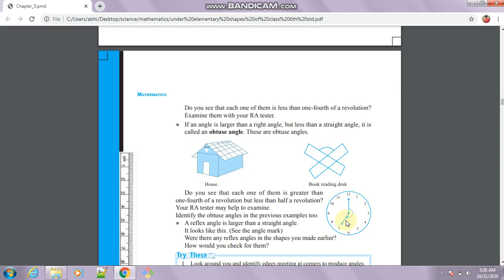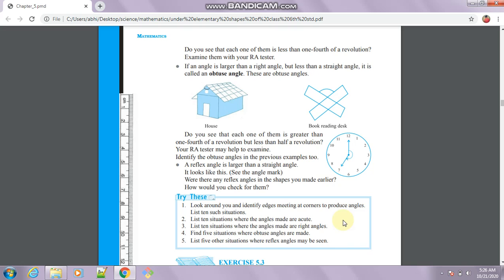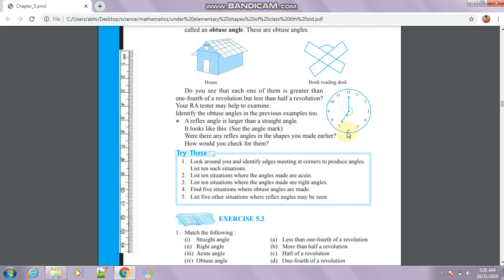Then this is a reflex angle. For example, if it starts from 12 and moves to 7, it has turned more than 180 degrees, and we represent it as a reflex angle.